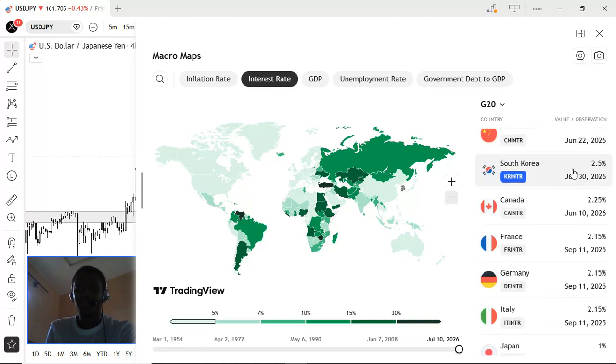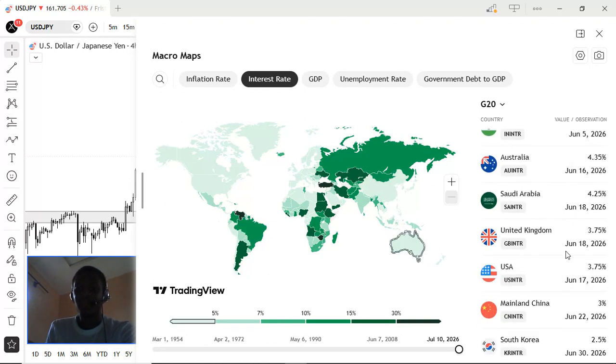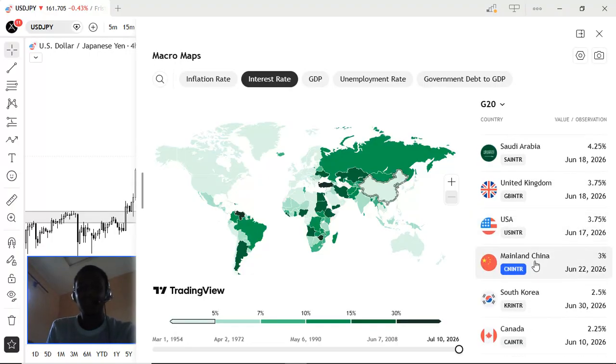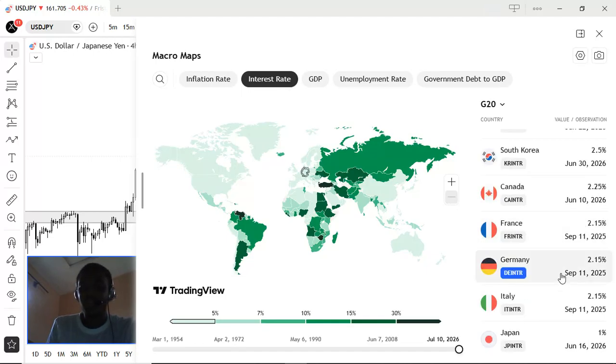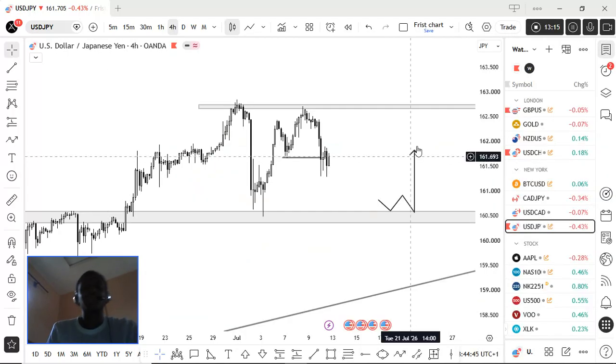I'm coming, just be patient a little bit. The United States interest rate is currently at 3.7%. That is a good interest rate for the United States. And Japan is at 1%. So 3.7% minus 1%, you still have 2.7%. That is a huge difference in interest rate.